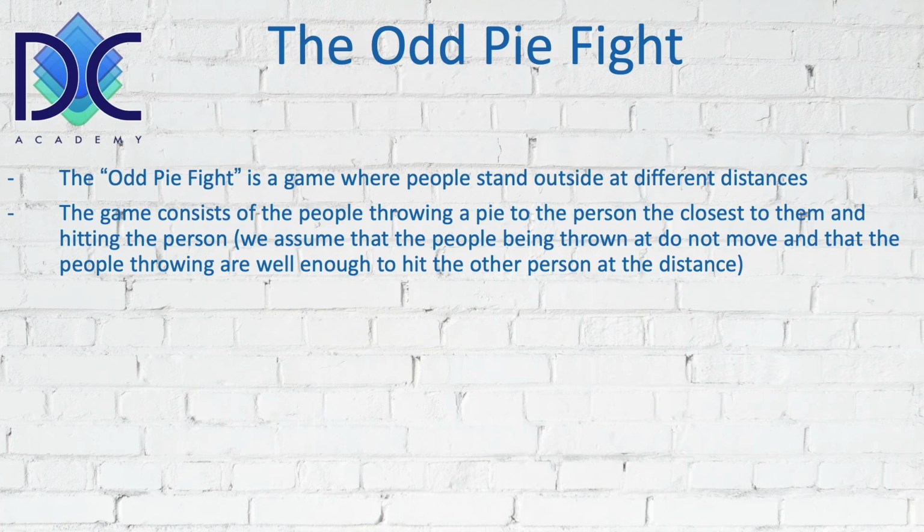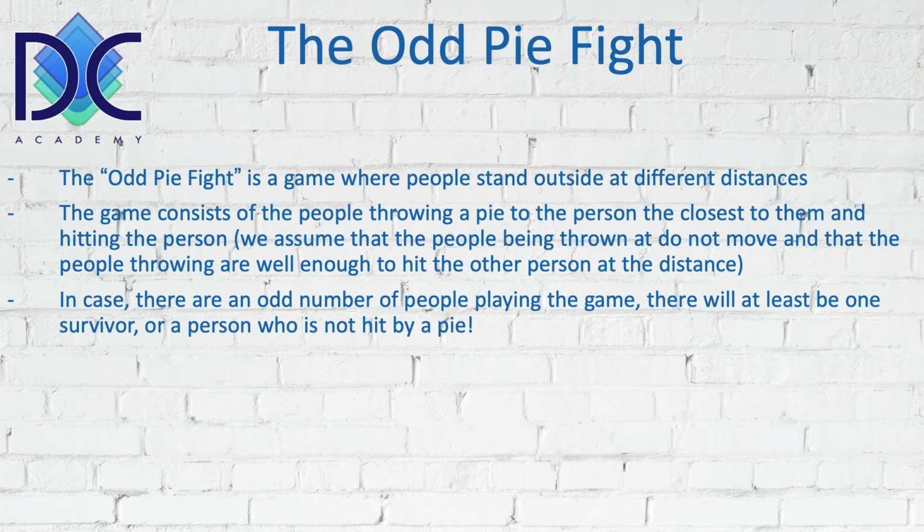Now, of course, they're good enough to hit the person at that specific distance. So that's the game. We have a pie, we throw it to the person who is the closest to us, and basically we always hit that person.